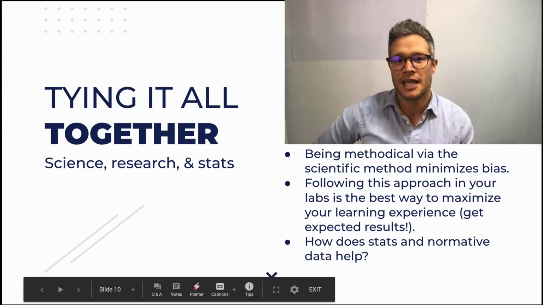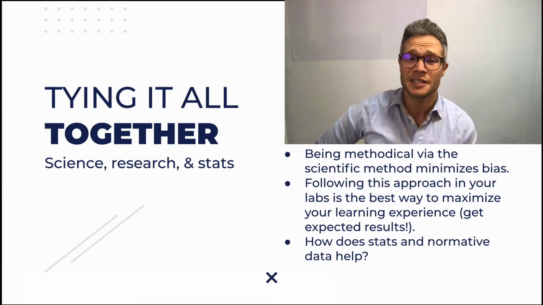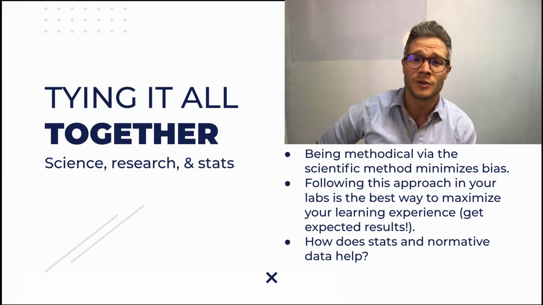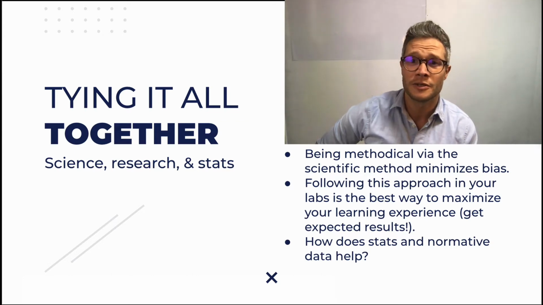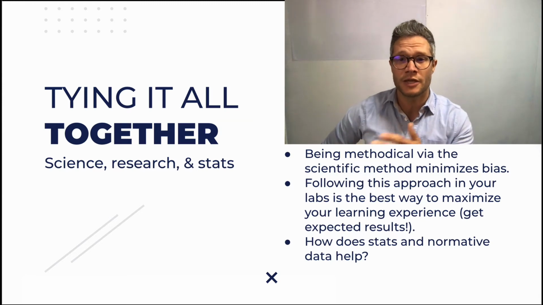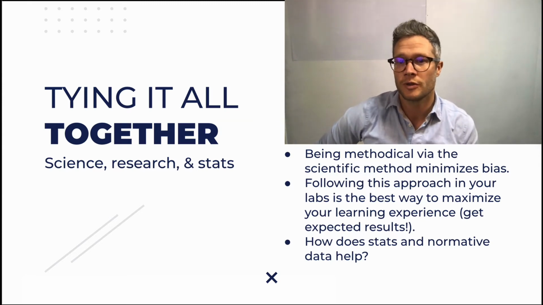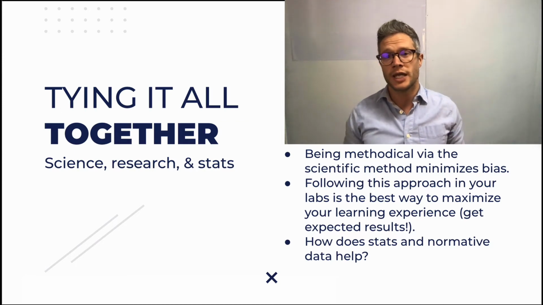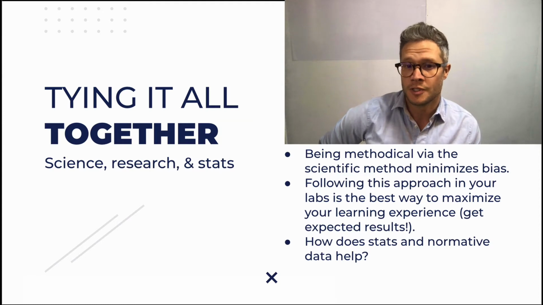And again, if you take this approach when you're doing your labs, you're going to maximize your learning experience, and you're going to maximize how the quality of your results are going to be more valid. And when you do repeated measures, either between other peers of yours or yourself, if you're doing measures over and over again, you really are going to get more reliable results.